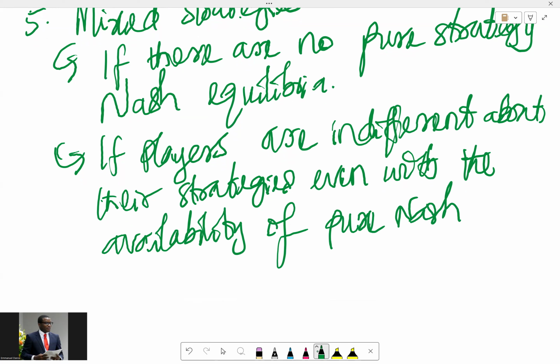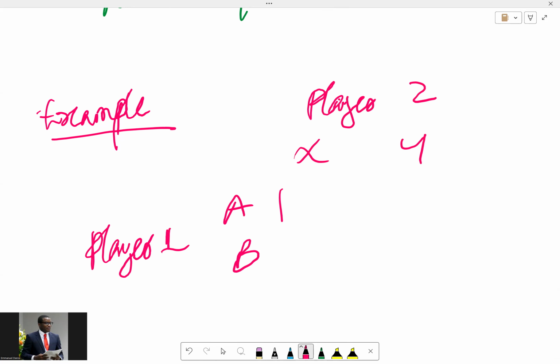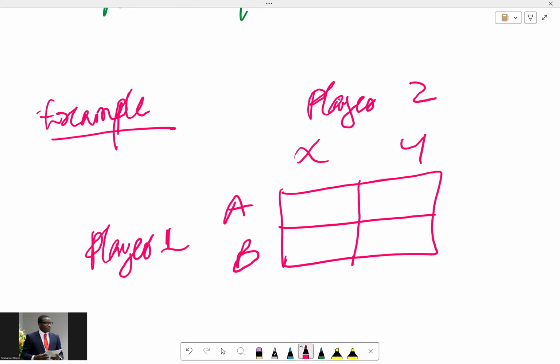All right. So let's take an example to drive the point home. Imagine as usual, you have player one with strategy A and B, and you have player two with strategy X and Y, and you have their payoffs represented this way: 3-2, then 1-1, 3 for player one, 2 for player two.